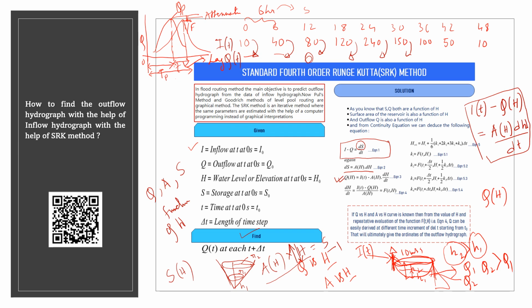Or you take this LHS part to the RHS, so it will become I(t) minus this part, let it be X. So I(t) minus X equals Q(H), it will come. Now you rearrange, and you will get this one, equation 3.